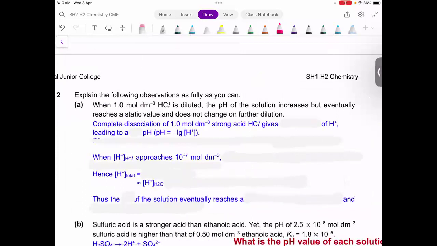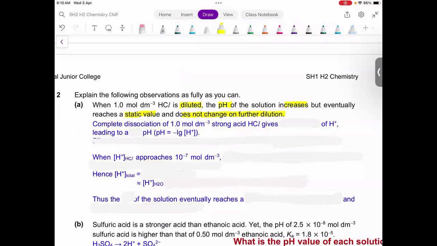For this question 2A, there are several parts to the question that you need to explain. Upon dilution, pH increases and eventually reaches a static value and does not change upon further dilution. So why is it that upon dilution, the pH will increase? Chen Hao, what do you think? Why will dilution cause the pH to increase?